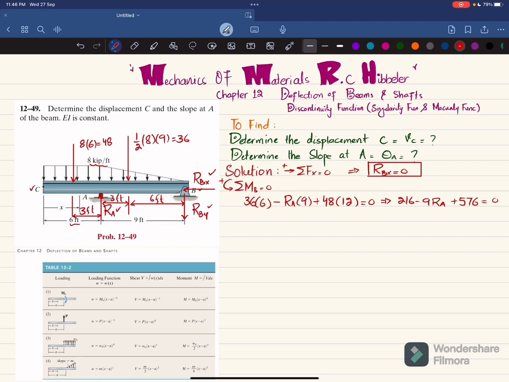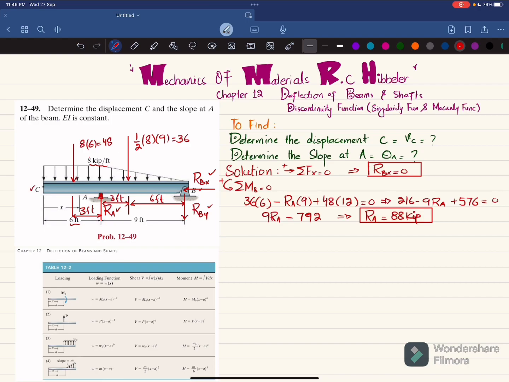So it means that 9RA is equal to 792, and when you divide by 9 on both sides, you will get RA equal to 88 kips. RA value is positive, so it means that the direction you have taken for RA is correct.